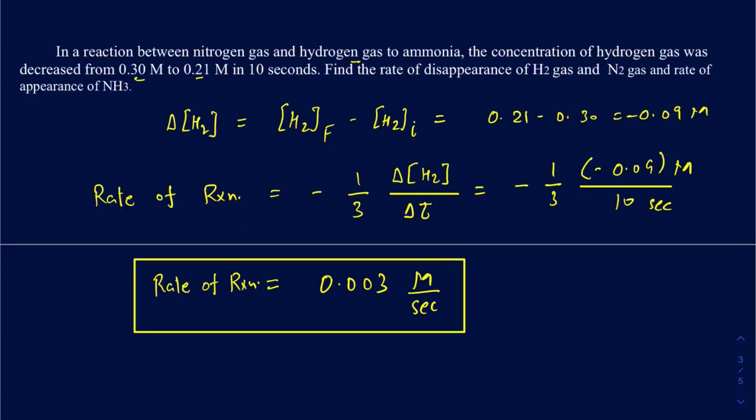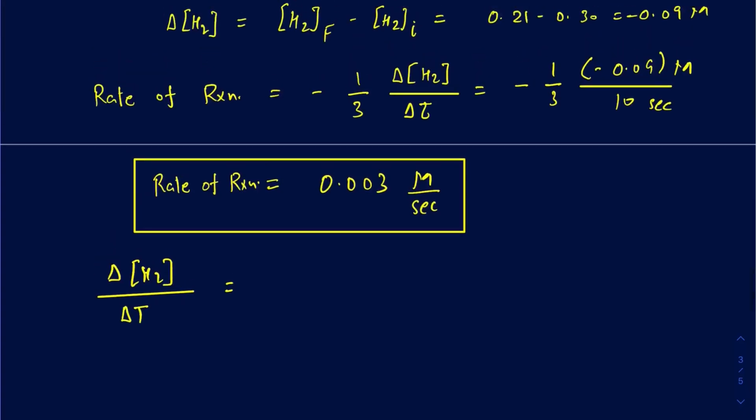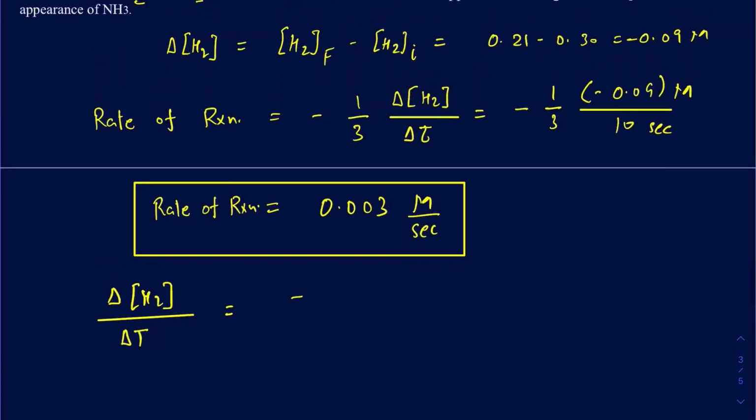Now, the other type of question you are asked here is to figure out the disappearance of H2 gas. Well, what we just found here, the delta H2 over the delta T, that's going to be the rate of disappearance of H2, and we already know the delta H2 to be negative 0.09 here, divided by 10.